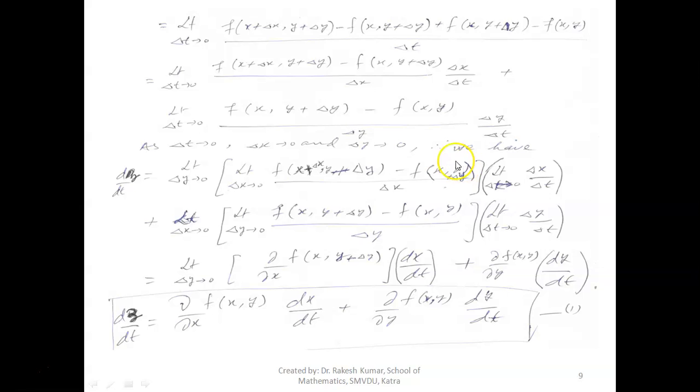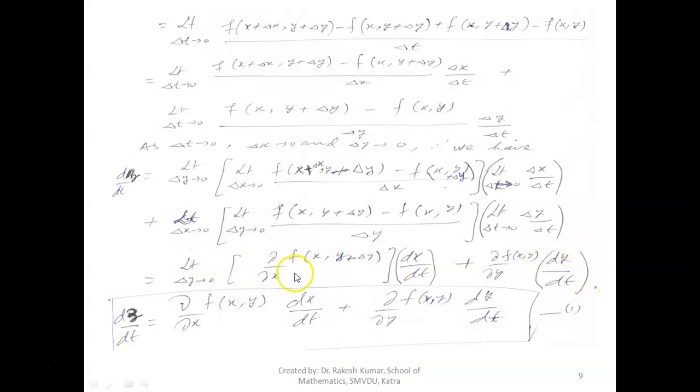This term is del f/del x of f(x, y plus delta y), and this term again is del f/del y of f(x, y), and therefore limit delta y tending to 0, del/del x of this into dx upon dt plus del/del y of f(x, y) into dy upon dt.